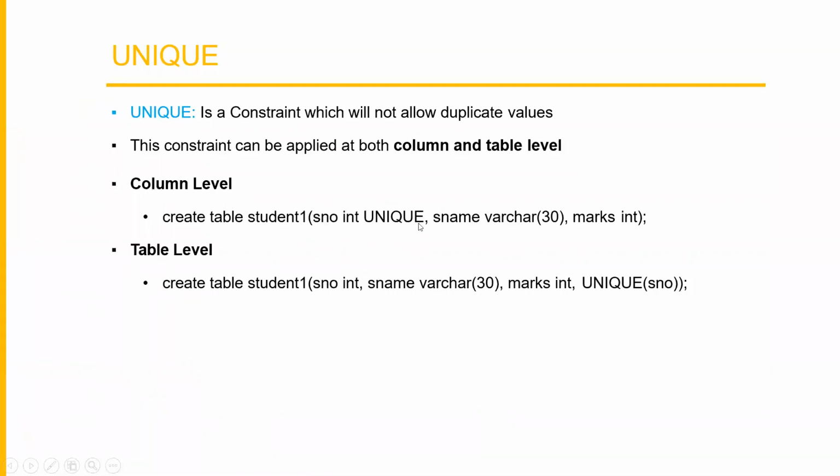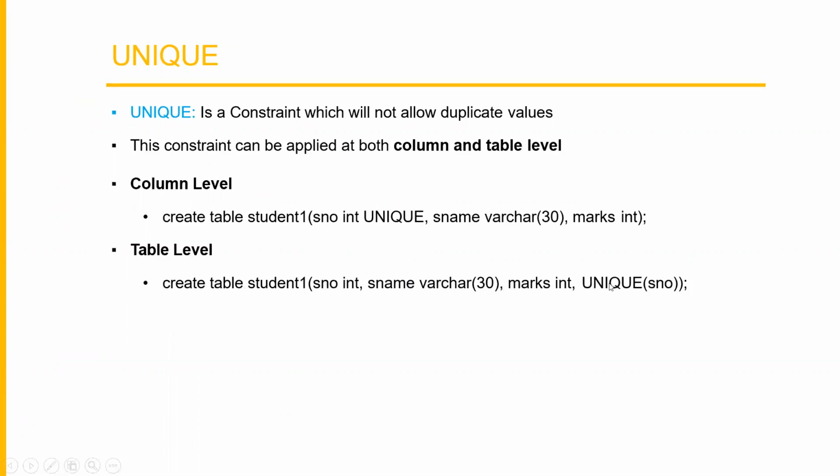And we can specify the same constraint at the table level as well. So this is the syntax of it. Create student one. Here we are not going to specify the unique constraint immediately after the column is defined, but we'll define all the columns, and then finally, at the last, we can specify unique of s number, which says that s number or student number is unique.